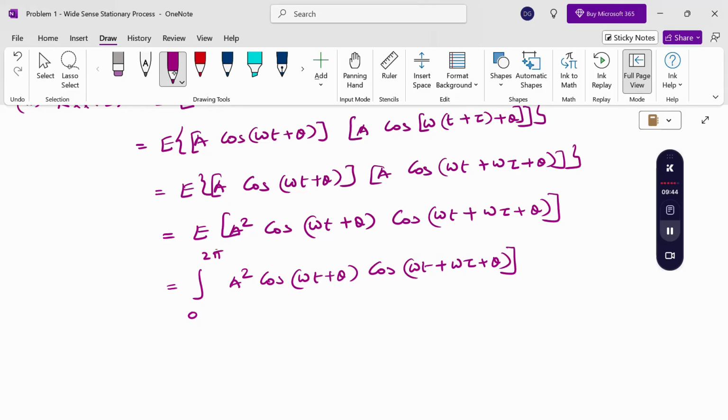Now, the whole function multiplied by f of θ dθ, because the expectation of x is the integral of x f(x) dx.